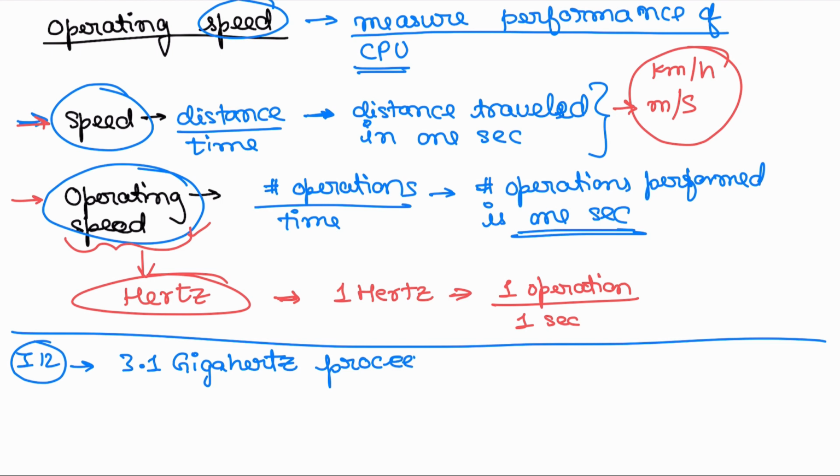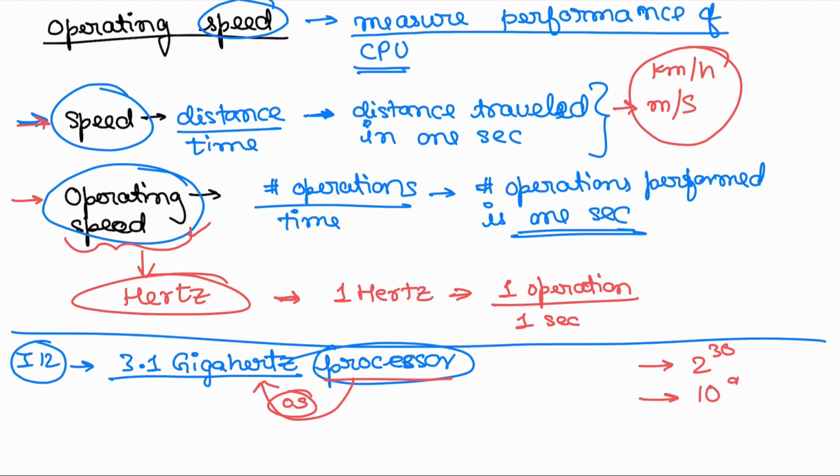What does it mean? It means that the operating speed of the processor of iPhone 12 is 3.1 gigahertz. Again, we discussed giga, right? Giga can either be 2 to the power 30 or 10 to the power 9. Whatever suits you best, you can just imagine.